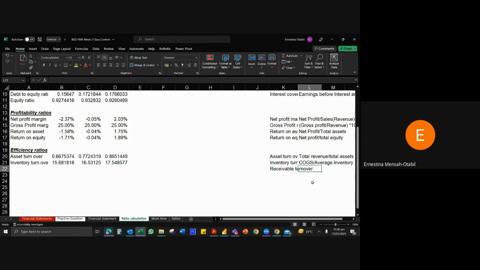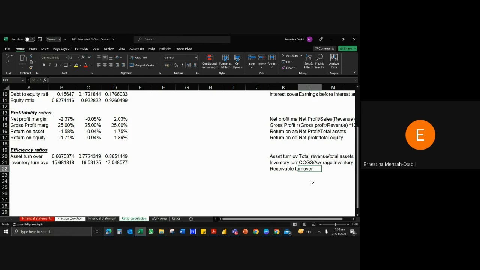Receivable turnover is basically how quickly the company is able to pay off its debtors. That is receivable turnover, how quickly the company is able to pay off its debtors.